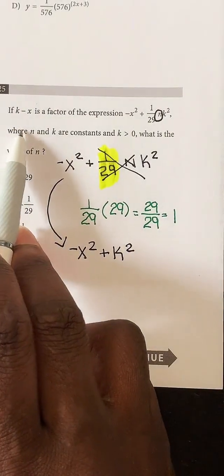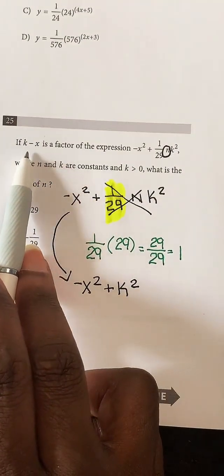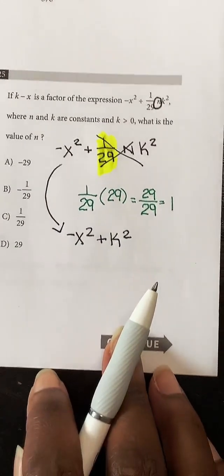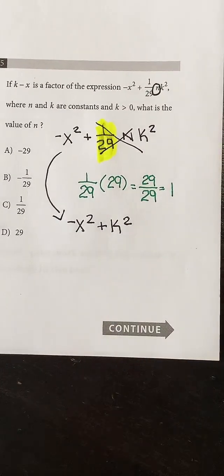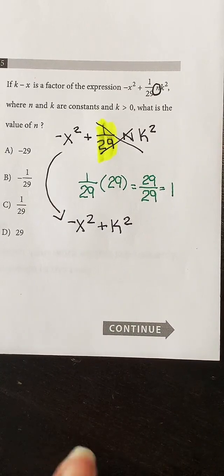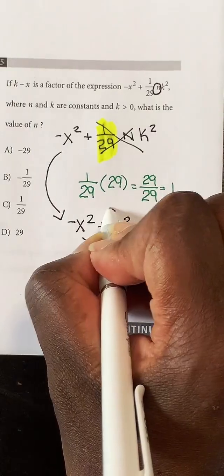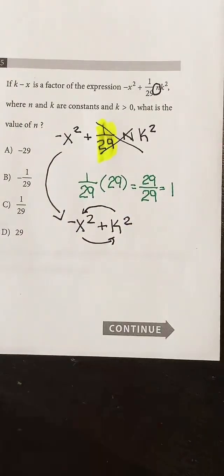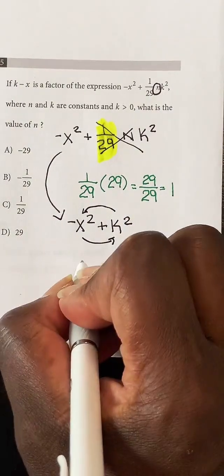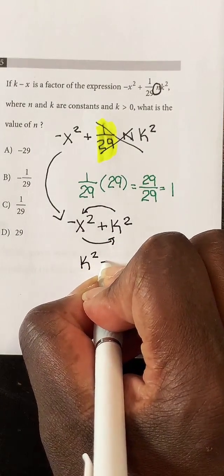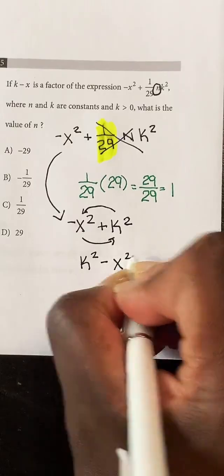But they are telling us that it should be k minus x. No problem. Because we know about our properties, with the commutative property of addition, we can switch these two around and make this k squared minus x squared.